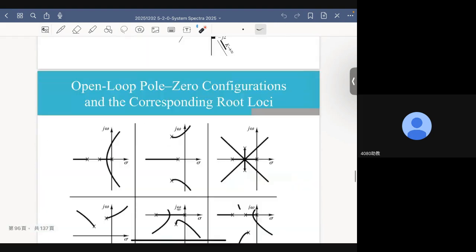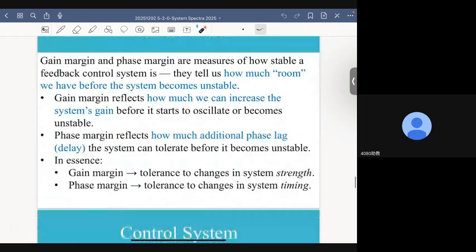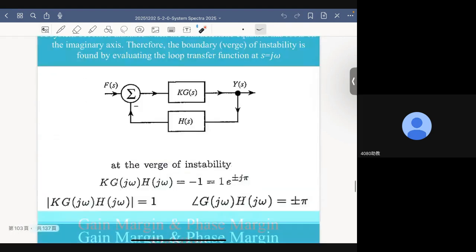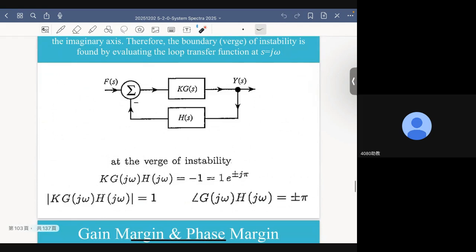Once s is located here, the system is on the verge of instability, on the boundary of instability, because if you increase the value of K, no matter how much, the system will become unstable, all right?